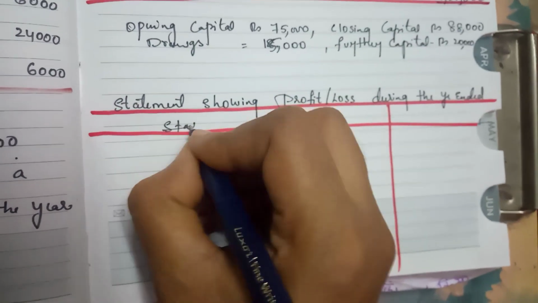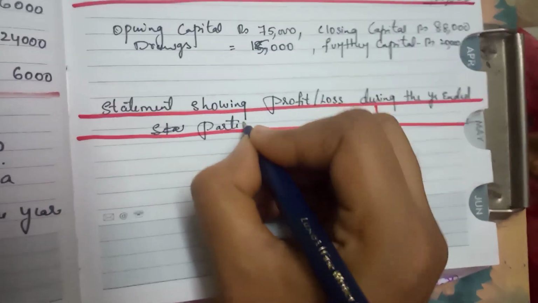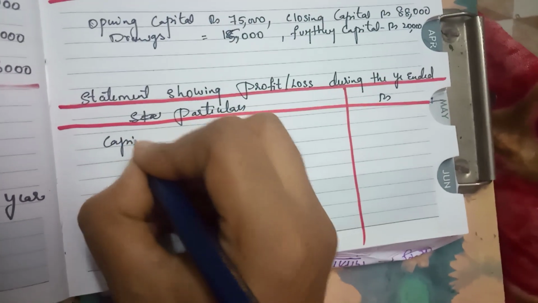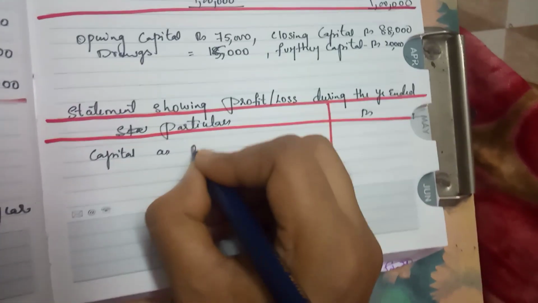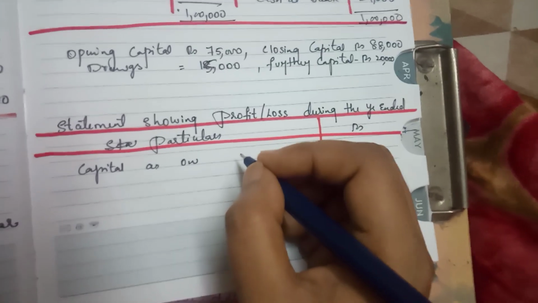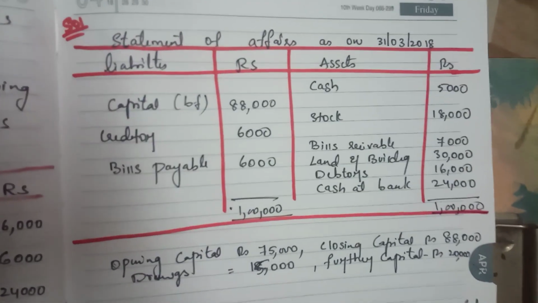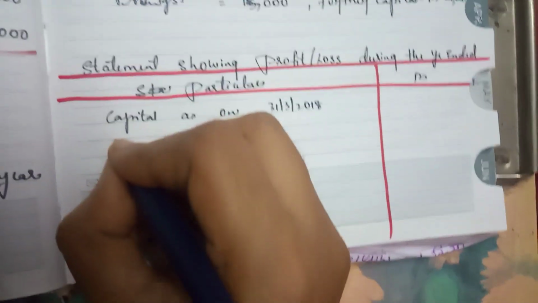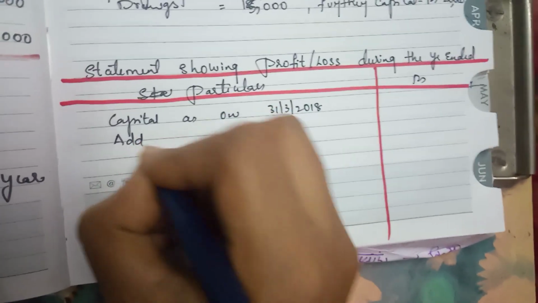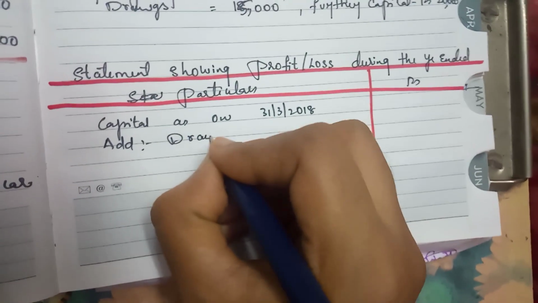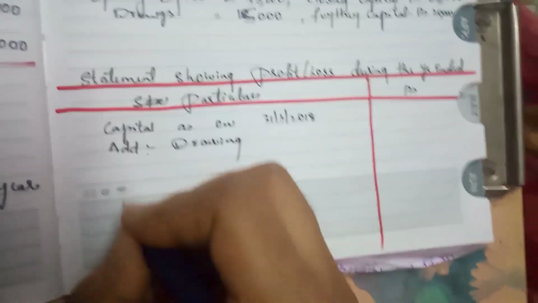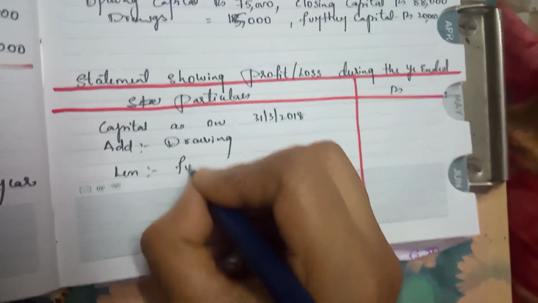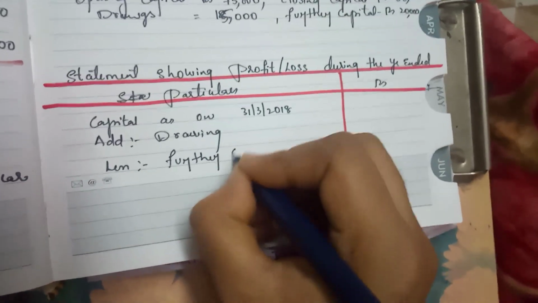Statement, particulars, rupees. So capital as on, what is the closing capital date they gave you? 31st March 2018. Okay, next step, add the drawings, and next less further capital, additional capital, anything.